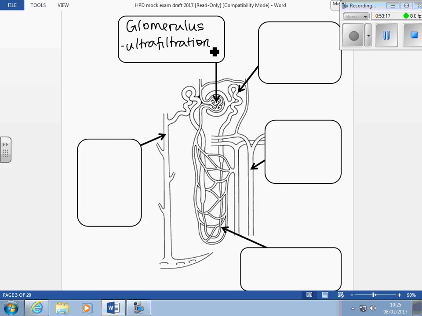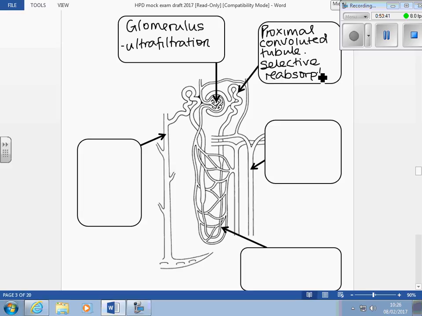All right. Okay, so proximal convoluted tubule. What's the main thing going on in there? It's selective reabsorption. We don't just take everything back.